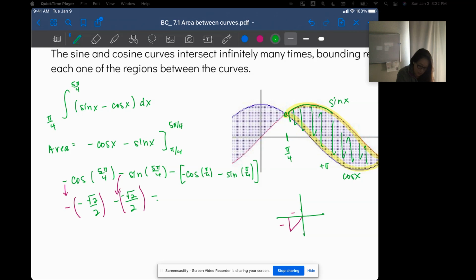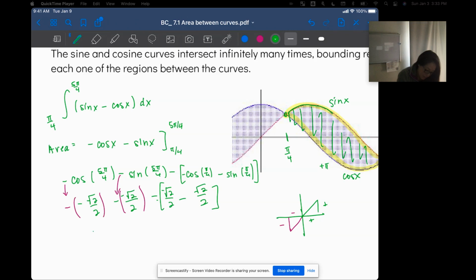Okay, and then I'm going to subtract. Cosine pi over 4 is in the first quadrant, so both the x and the y will be positive, so I end up with negative root 2 over 2 minus root 2 over 2. All right, looks like I need to simplify.